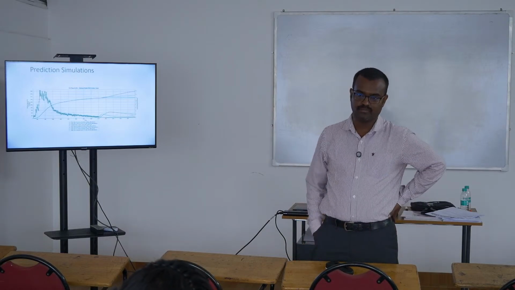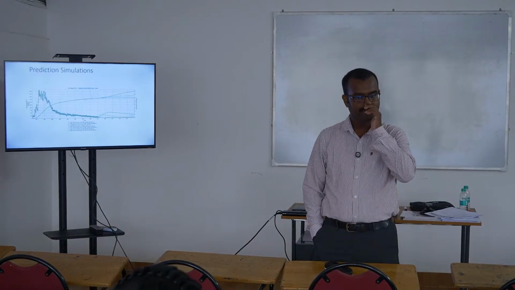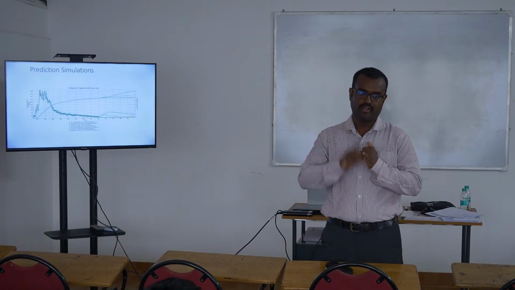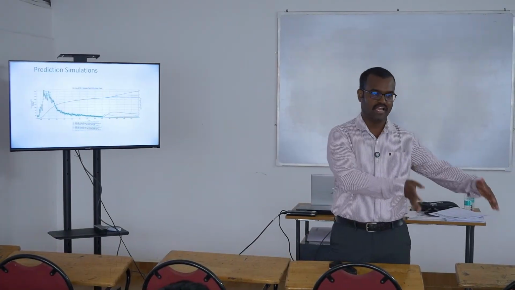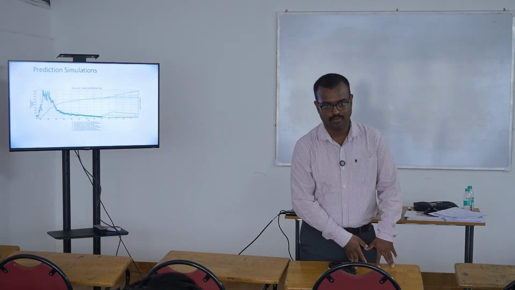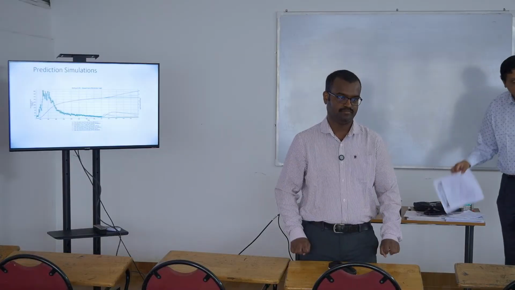I've tried to make it simpler by giving very simple examples. At least you should be able to know what is an actual natural system, what is a model, what is an experimental prototype, what is a computational model, and what is a simulation.